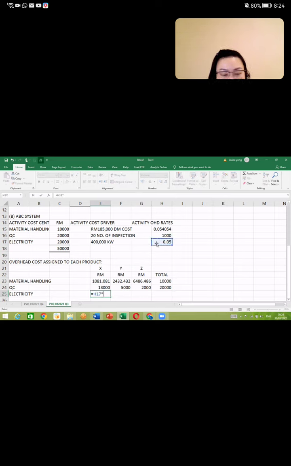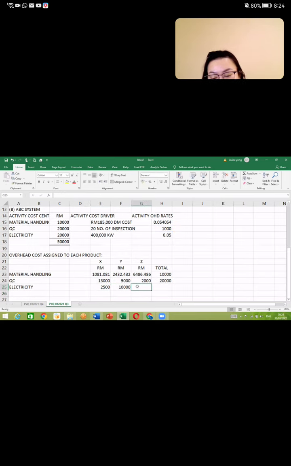Electricity, per kilowatt is 5 cents. So for product X, how many kilowatts did it use? 15,000, so times 15,000. For Y, 5 cents, multiplied by Y's usage, 200 thousand kilowatt. Then for Z, 5 cents times 150 thousand kilowatt, 115,000.